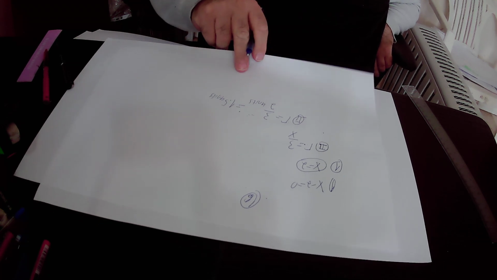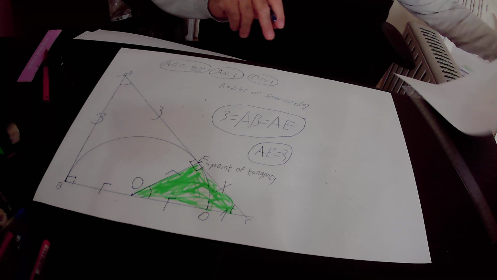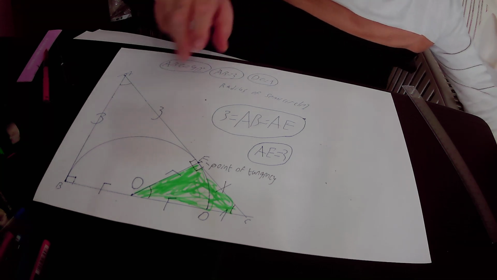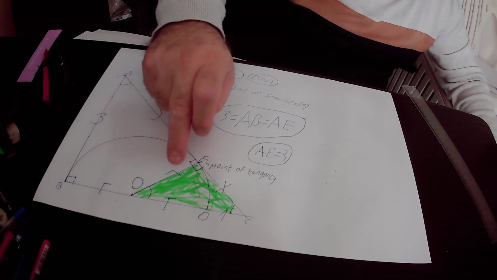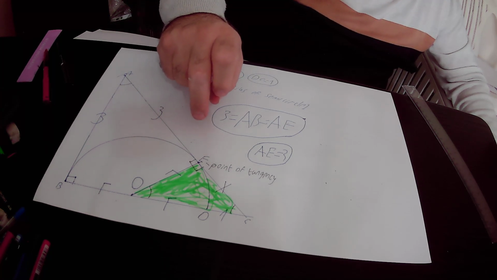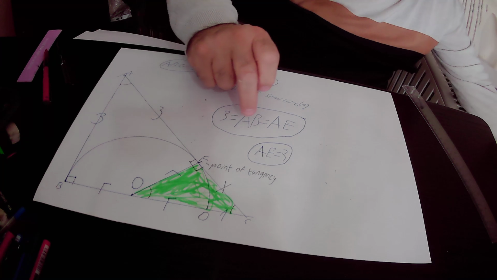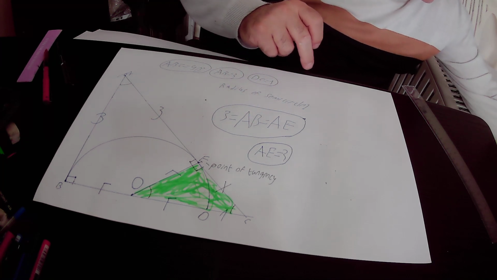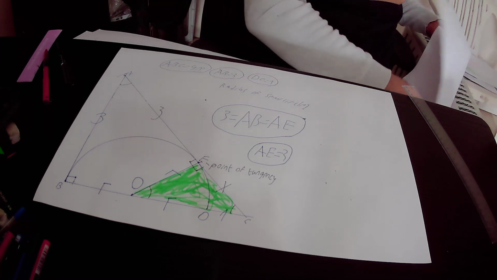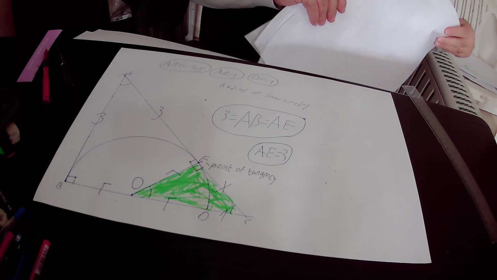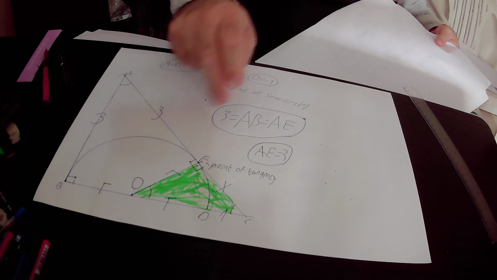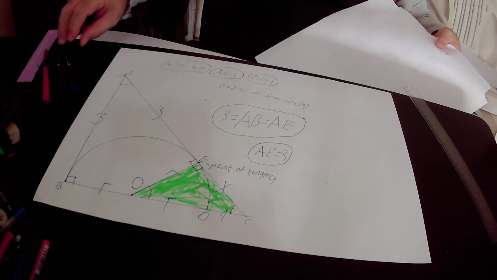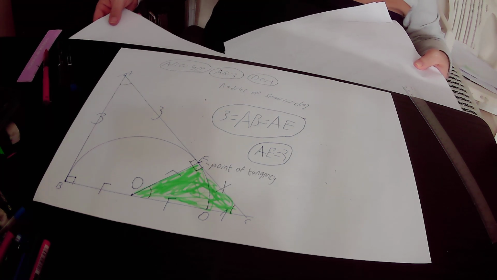So I'll repeat again. We found out that the radius r of this semicircle equals 3 over 2 units, or 1.5 units. Okay? So now I'll summarize the lecture. We wanted to find the radius of this semicircle.